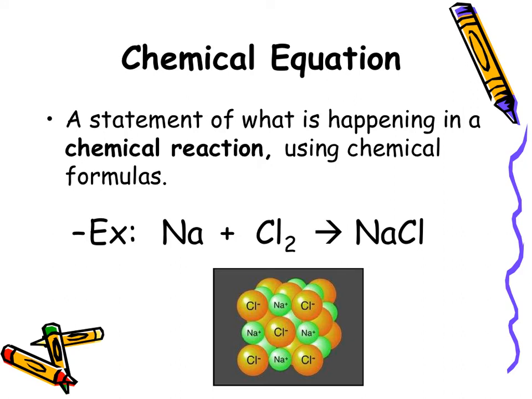Everything on the left is what is going into the reaction, what you're starting with. This arrow represents when that chemical change is happening. So we start with sodium and chlorine gas, and then we are going to make sodium chloride. So this just shows us what you started with, when the reaction happened, and what you end with. That's the whole purpose of a chemical equation.